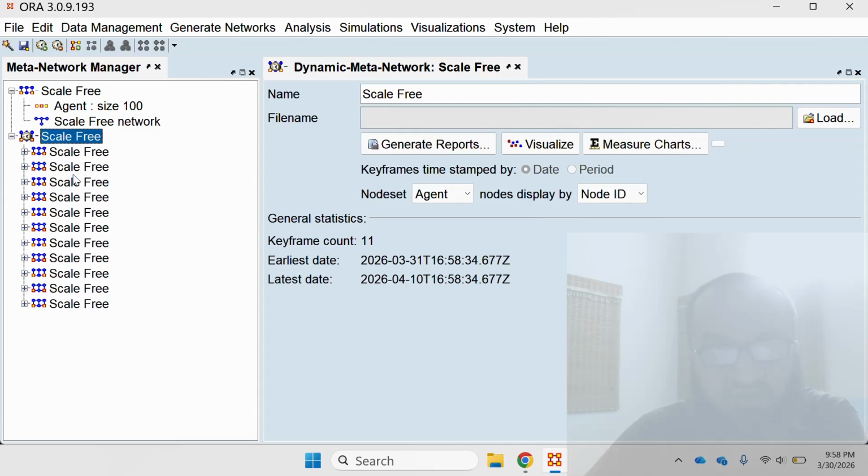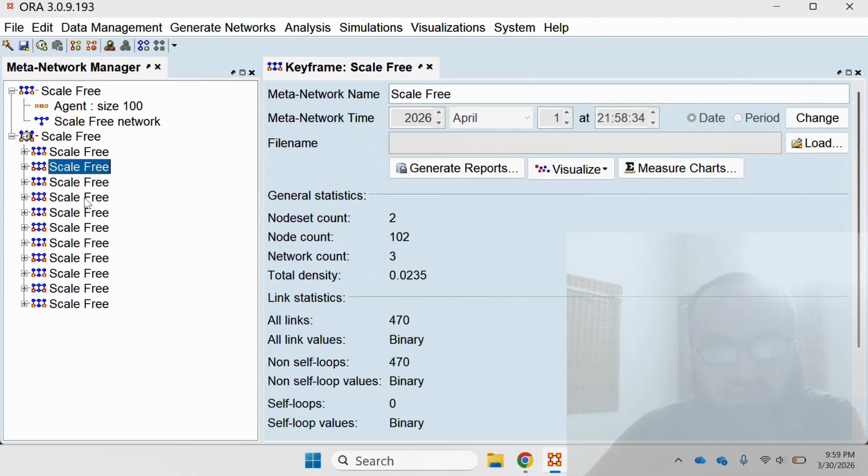We see there are 11 instances. These are the instance numbers. This is March 31, which is the date tomorrow. These are the dates.